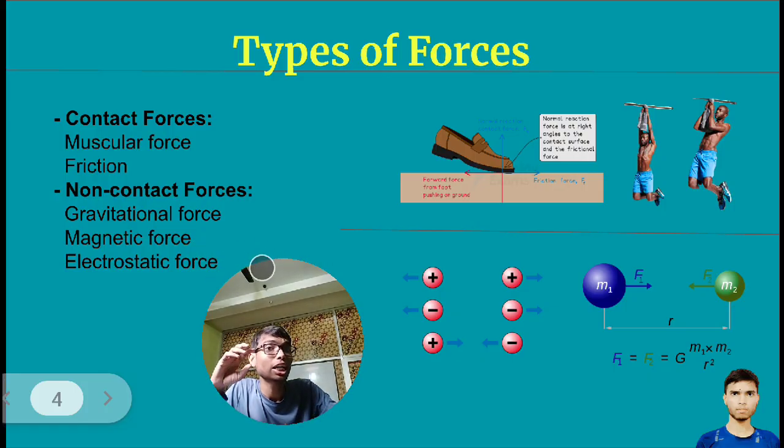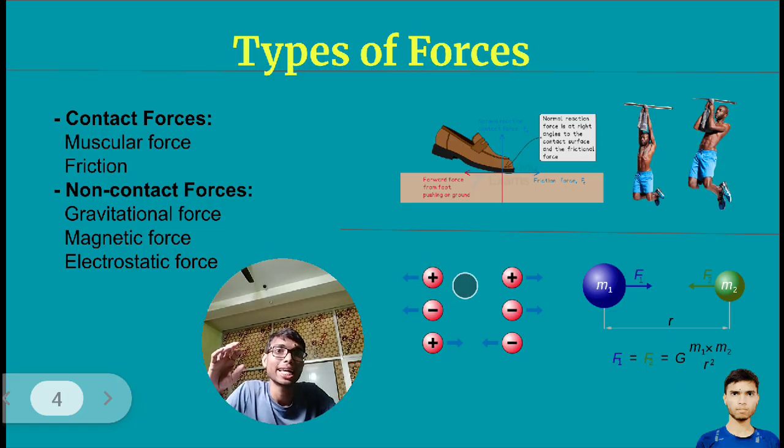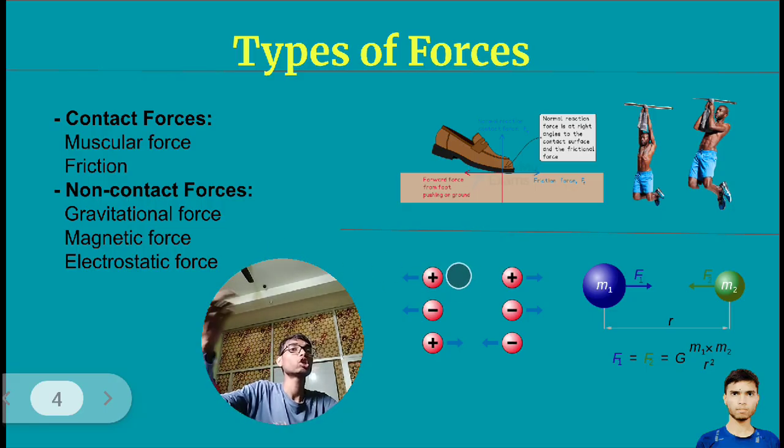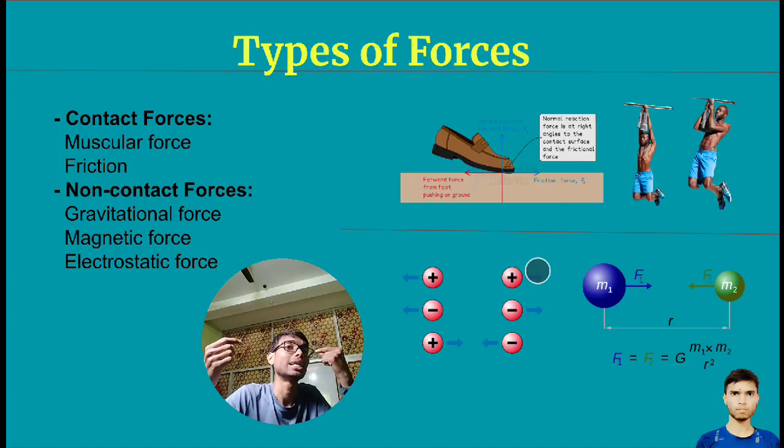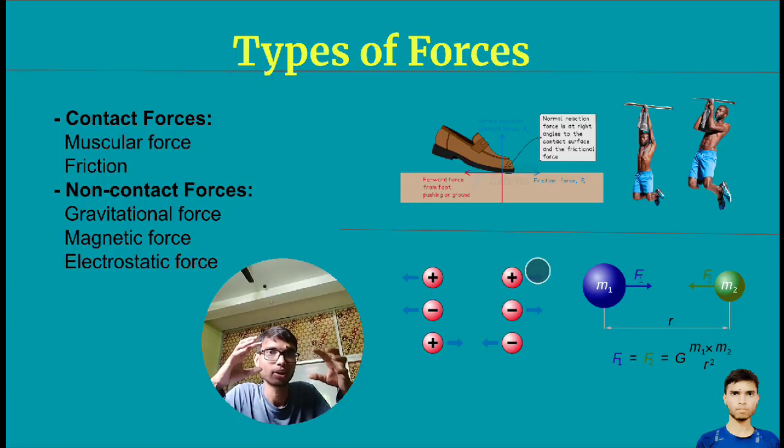But in electrostatic we will also see repulsion and attraction. In the case of electrostatic force, we will have electrons, positive ions, negative ions.